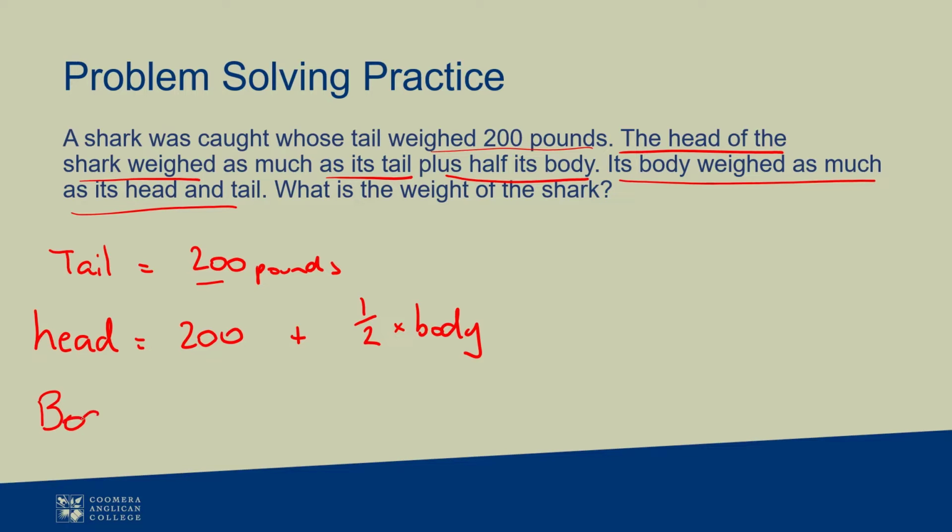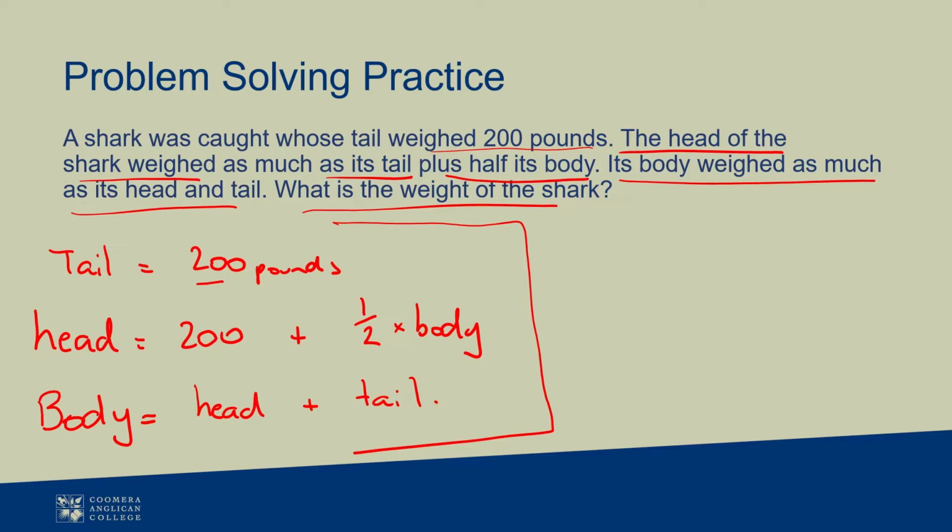So the body weighs as much as the head plus the tail. Okay. What is the weight of the shark? So you need to add these three things together once you find them out and find the total weight of the shark. Okay. See how you go with this one.